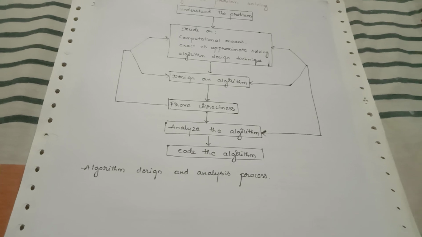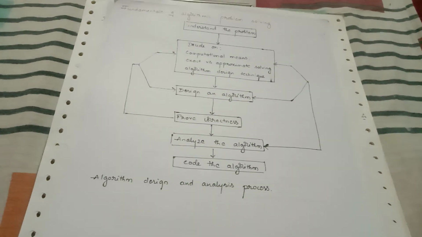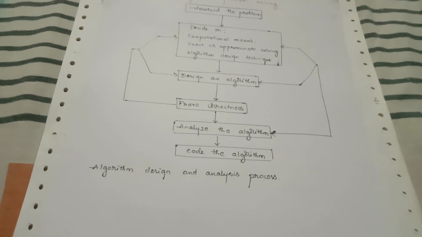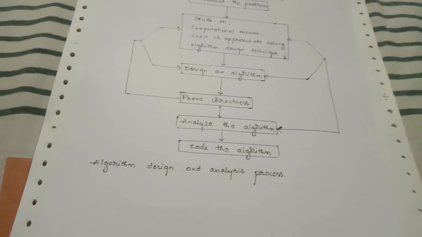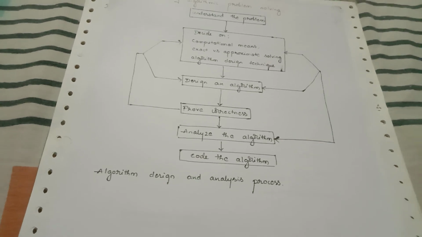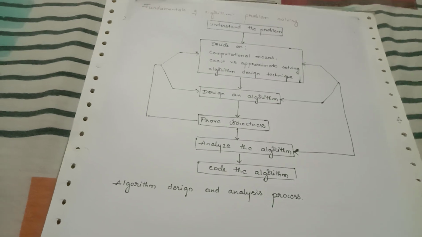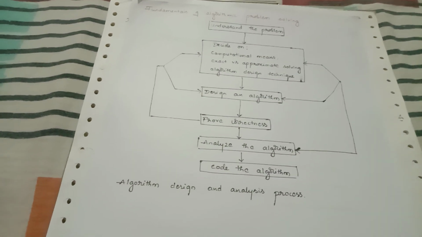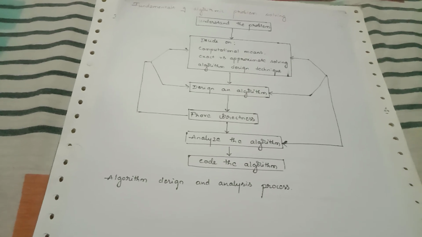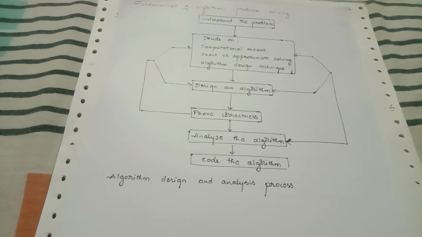What it means is that there are many algorithm design techniques available. When you are writing a new algorithm, you have to master the algorithm design techniques, so that you can apply any one of them to solve the problem given to you by writing a new algorithm.